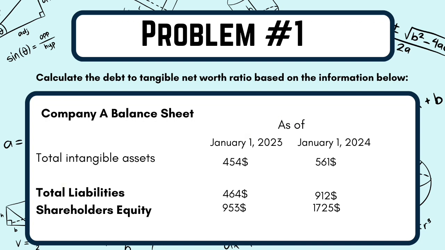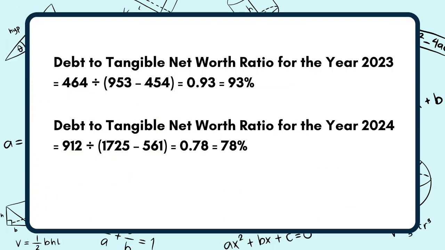And for the year 2024, the total intangible assets is $561, the total liabilities is $912, and the shareholders' equity is $1,725.